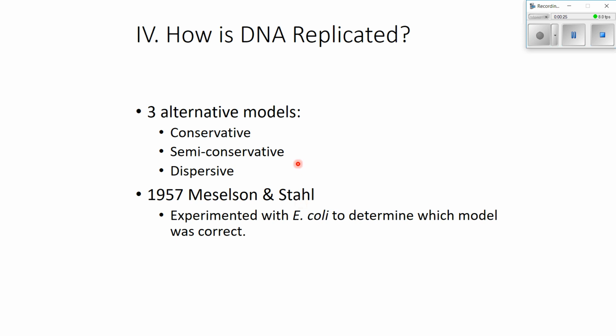So in April of 1953, when Watson and Crick published their paper about the structure of DNA, the double helix, they proposed in that same paper that the copying mechanism for DNA is semi-conservative replication.